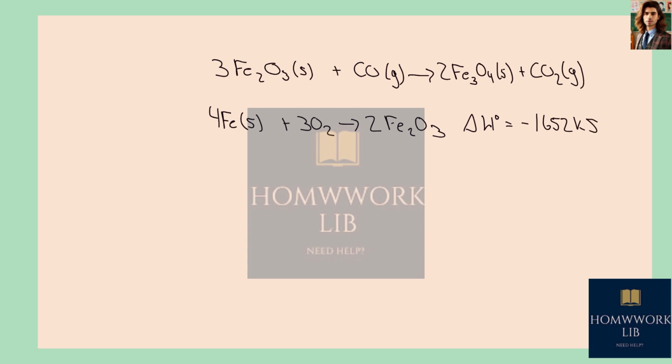We know that delta H naught over here is minus 1652 kilojoules. Next up, we're going to have carbon, solid graphite, plus 1/2 of O2, producing CO gas with an enthalpy of minus 110.5 kilojoules.